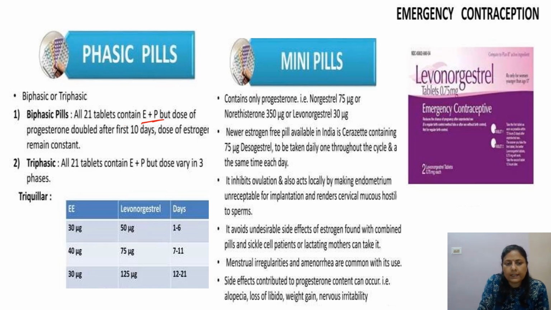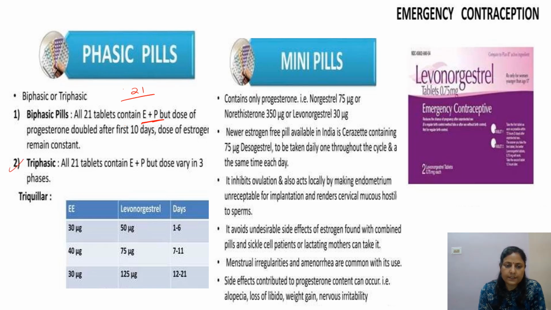So if there are 21 tablets, each tablet consists of estrogen and progesterone, but during the first phase the dose of progesterone is low, and in the second phase the amount of progesterone gets doubled. So there is a secretion of hormones in a phasic way. The quantity changes between the first phase and the other phases.